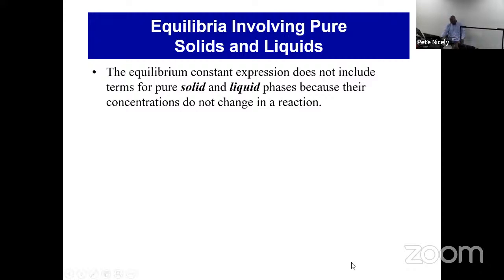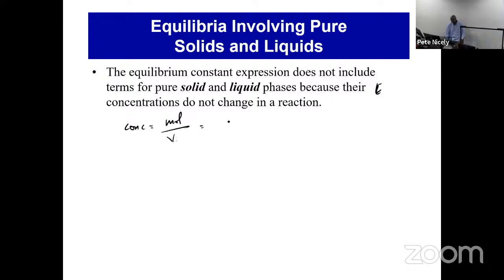Now, this might sound weird, but let me explain why that is so, and I can do so mathematically. So firstly, let me just remind you that the concentration of anything would be the moles of that thing divided by the volume in liters, right?